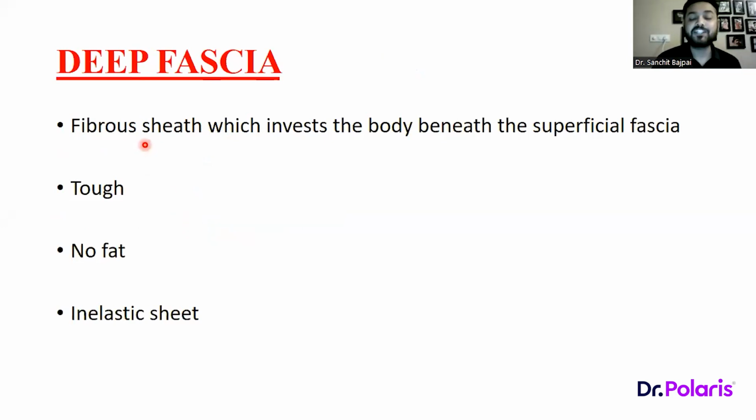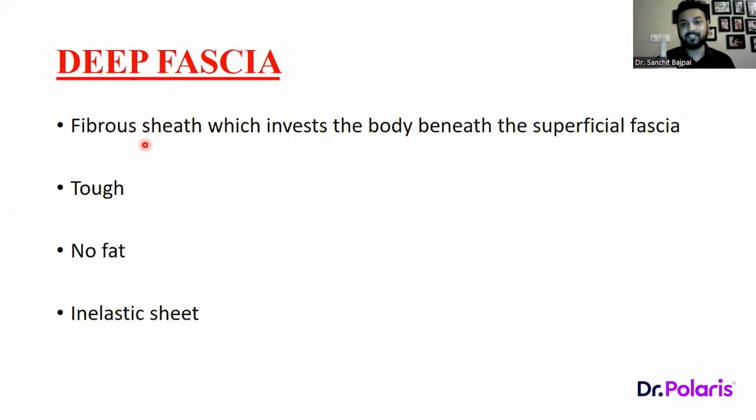So deep fascia is a fibrous sheath. Now, how is it different from superficial fascia? The answer is here itself. This sheath is absolutely sparkling white. You will not have any kind of fat in this layer. It is tough and it is not elastic. So unlike superficial fascia, deep fascia is absolutely different. Four important points. This is fibrous.